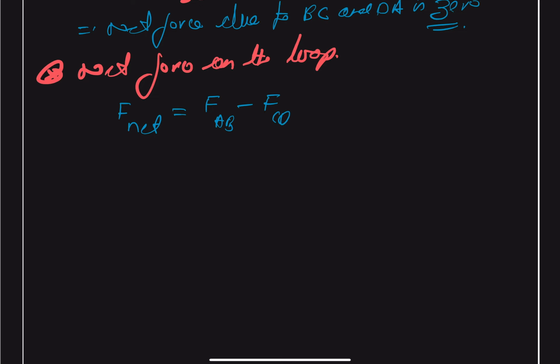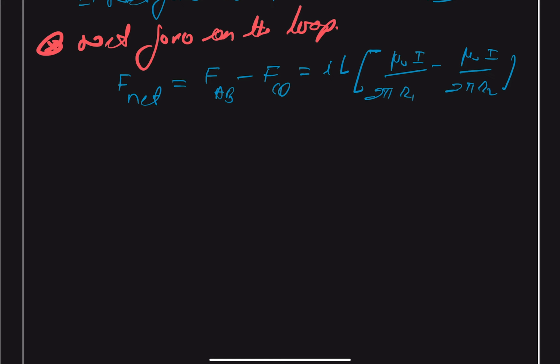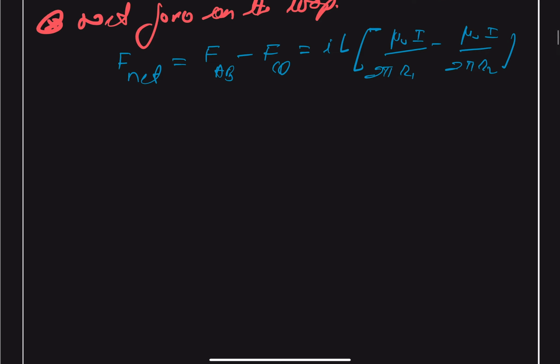So we subtract them, we get this IL, and we have here mu naught I upon 2 pi R1 minus mu naught I upon 2 pi R2. So the net force will be attractive. So we can say our F net is greater than 0. So loop moves towards the wire.